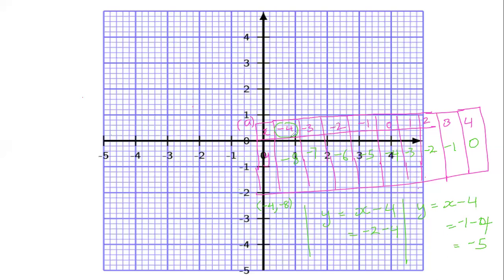So I have -2, -6. It is not fitting. My graph is a bit small. -1, -5. It is fitting. It's going to be here. 0, -4. It is a point here. 1, -3. It is a point here.